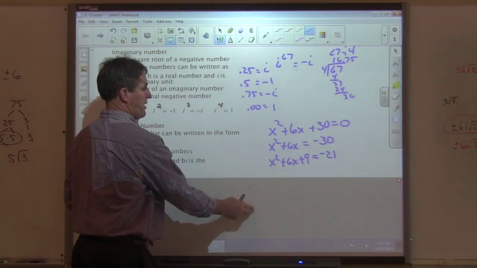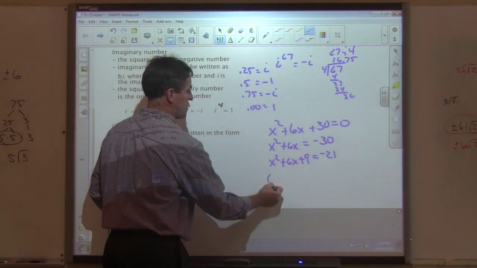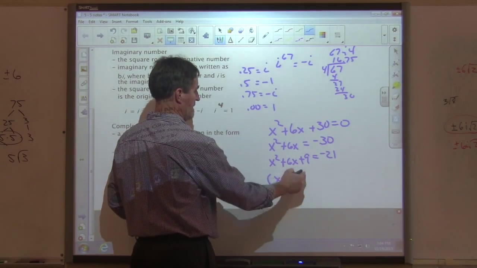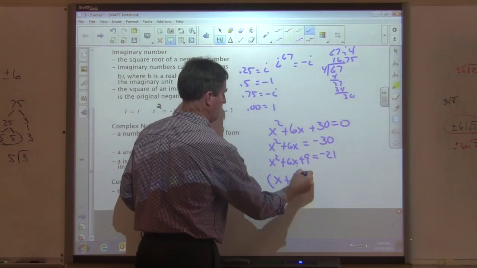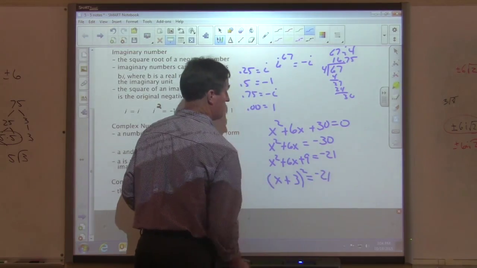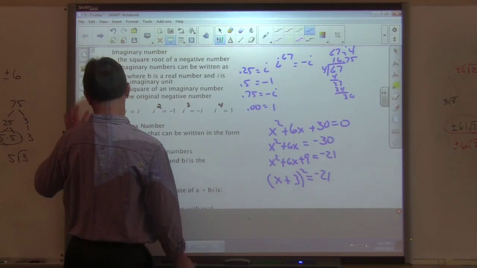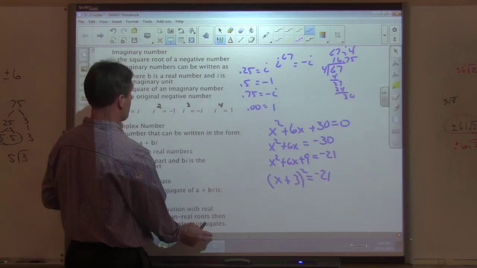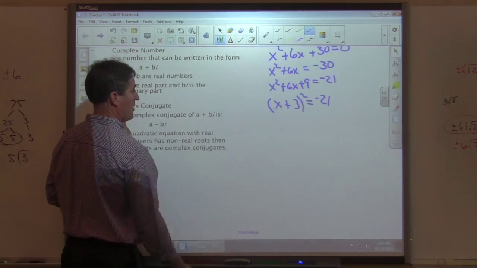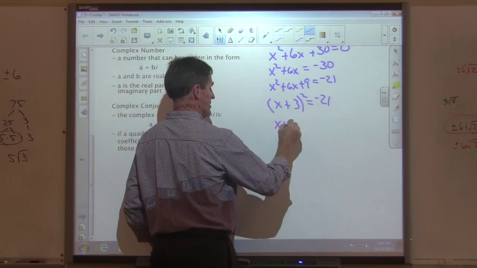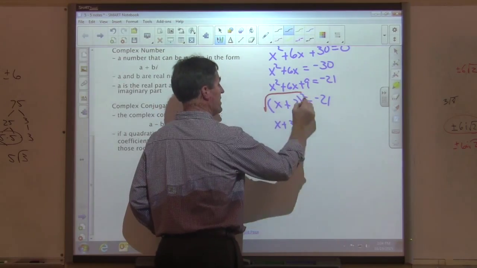Now we complete the square. So remember, to complete the square, it's the square root of this, x, the sign in the middle, plus, and the square root of 9 is 3. And then -21. So then to solve this, we're going to take the square root of both sides.